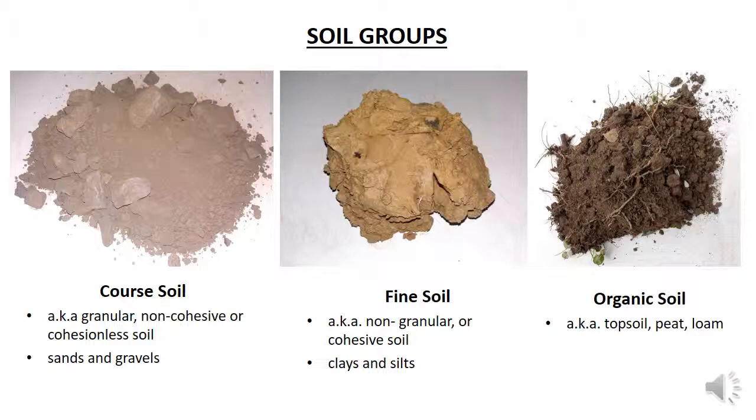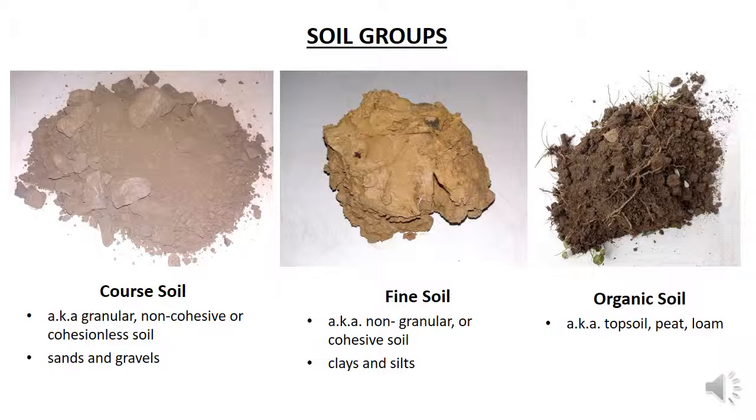Organic soils may be called topsoil, peat, or loam, or other things. They are usually formed on the surface of a soil formation, but some soils may have organic material layers or content deeper down. These soils have significant amounts of organic material from the decomposition of plants.